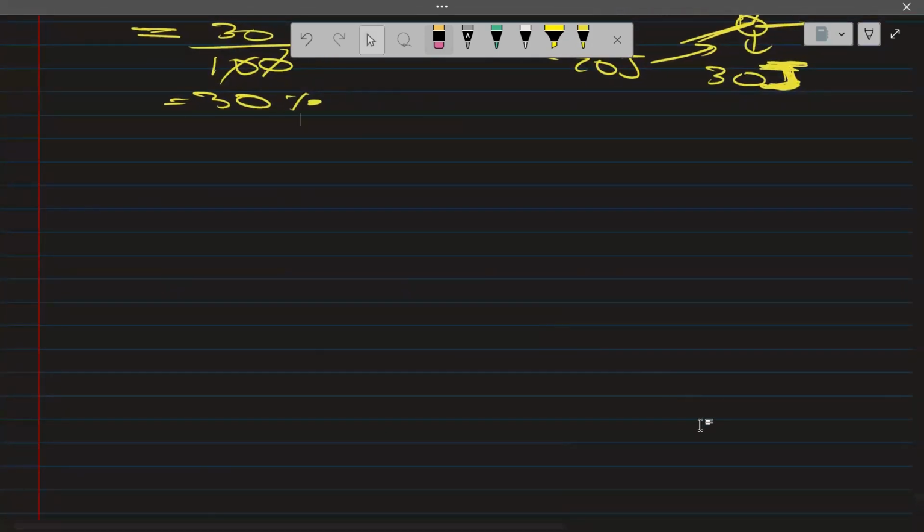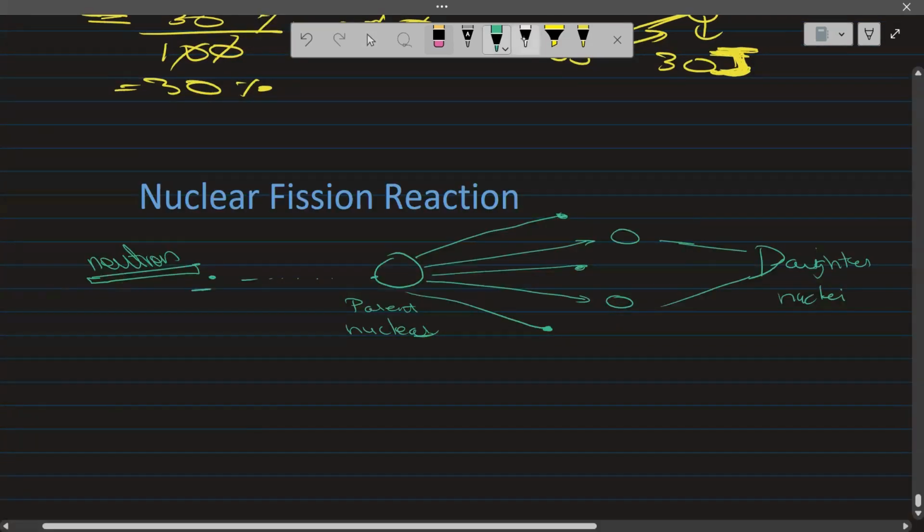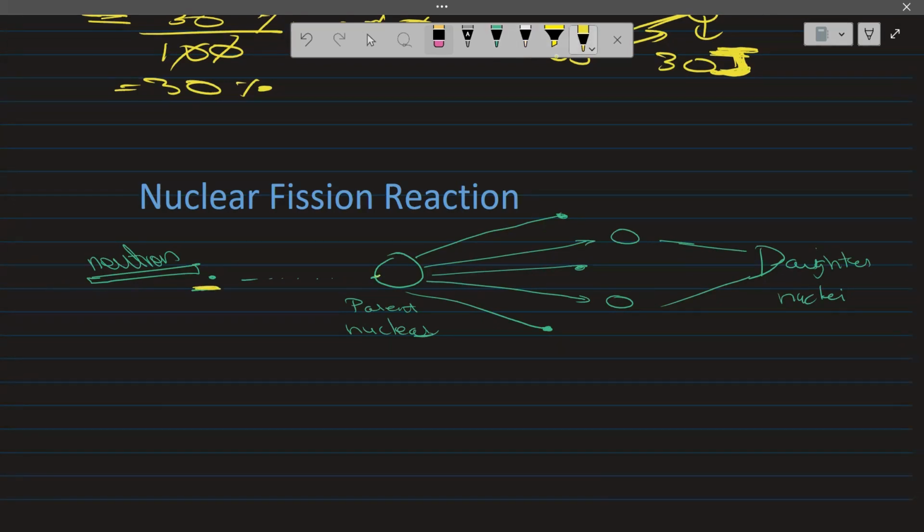Now let's do the nuclear fission reaction. In a nuclear fission reaction, a neutron hits a parent nucleus, and the nucleus breaks into two. By this breaking, energy is produced, and these two nuclei are known as daughter nuclei.